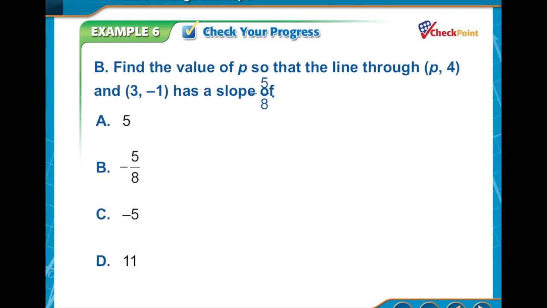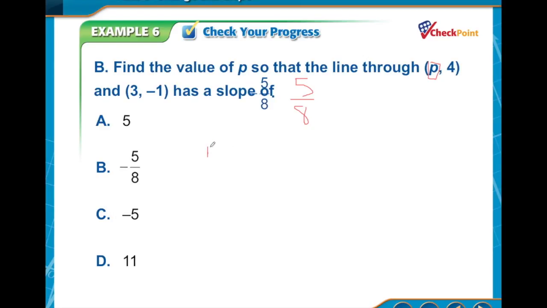Okay, one more to look at. We want to find the value of p, this missing x in this ordered pair. They tell us the slope is 5/8. So slope of 5/8, what is that p value supposed to be?